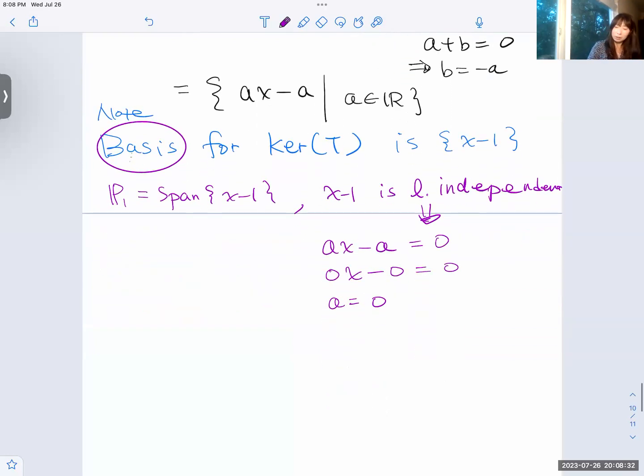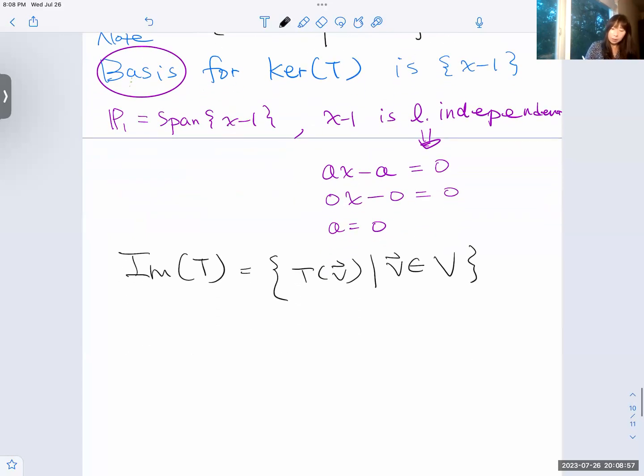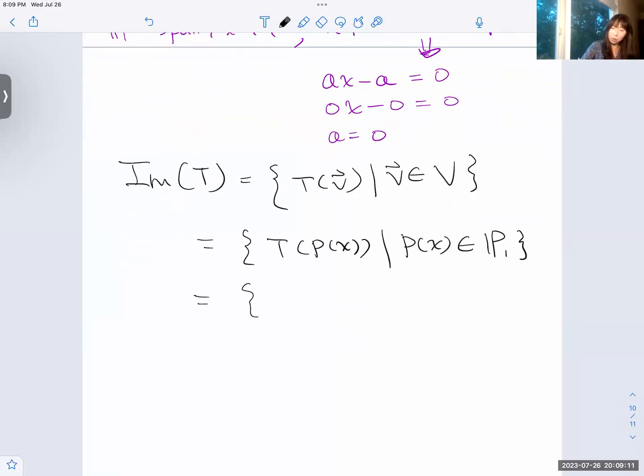Okay, let us find the image of T. The image of T is in the codomain, right? So T of V, just following the definition, where vector V is in V. So that will be T of P of X such that P of X is in the domain. What is this?